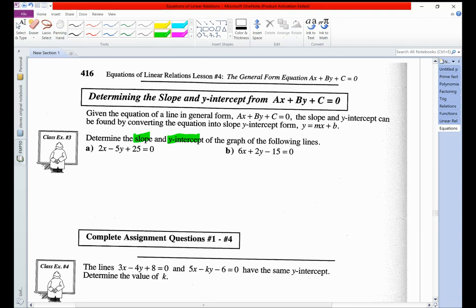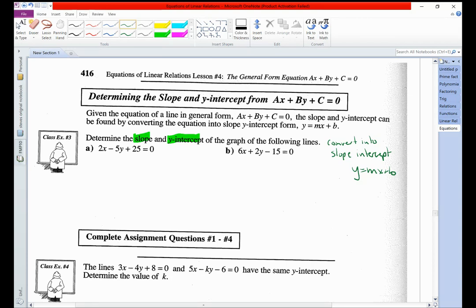The easiest way to do that is to convert these into slope-intercept form, because that will tell us both pieces of information we want to get. Slope-intercept form, just as a reminder, is y is equal to mx plus b. So y is by itself. The thing we want to do is get y by itself.